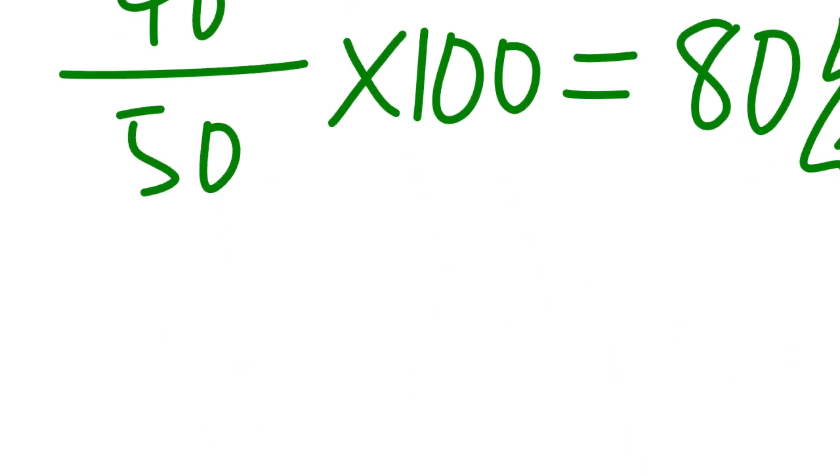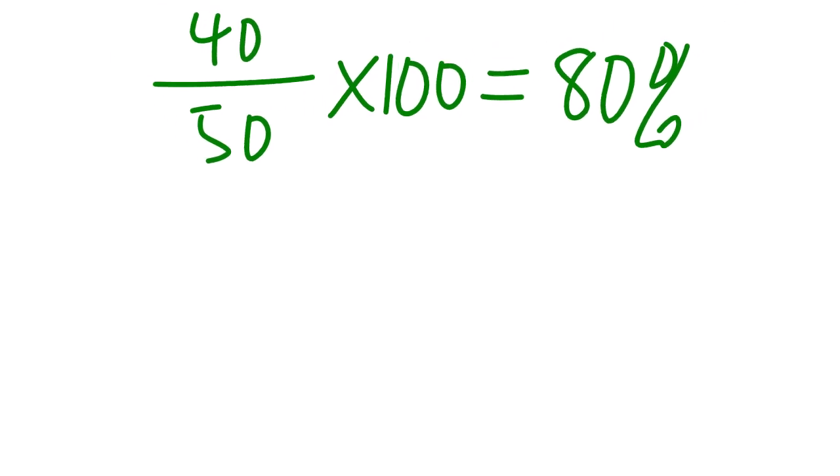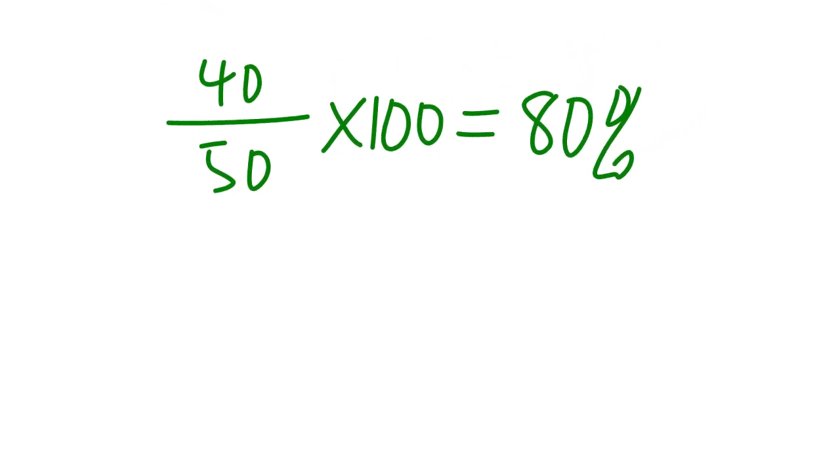So we can develop a formula using this arrangement, because now we know that the one you're looking for its percentage always appears on top as the numerator, while the total number is always the denominator in this fraction.